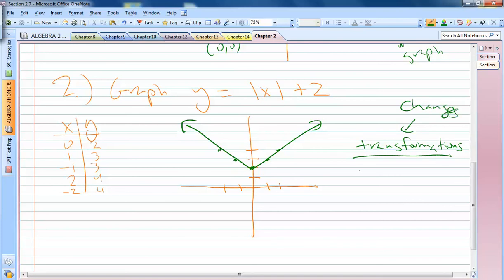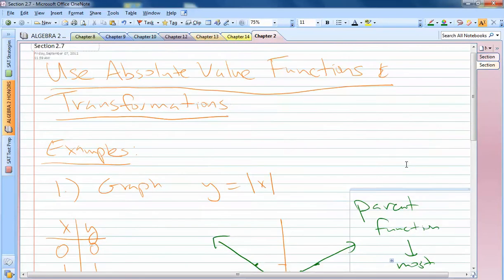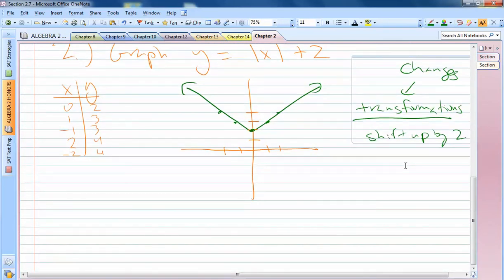So we look at the transformations, you have shift up by 2. And I will ask you to state transformations when you do the classwork next time we meet. And you're saying the transformations from y equals absolute value of x. So shift up by 2 from y equals absolute value of x.